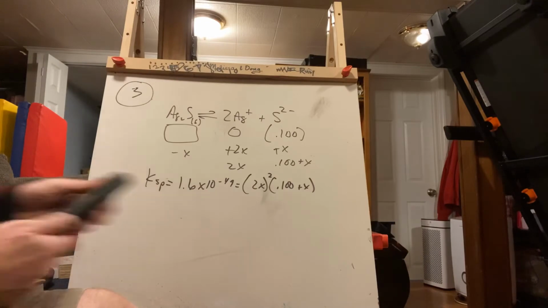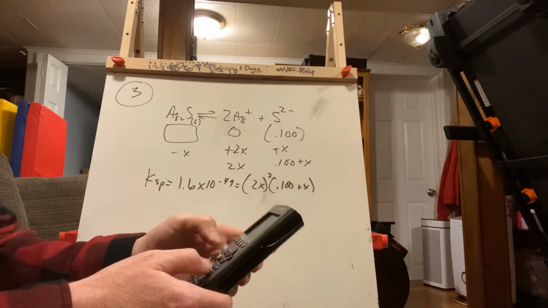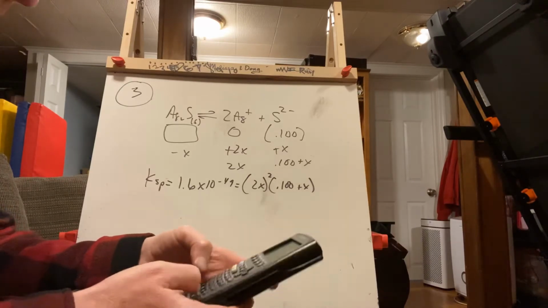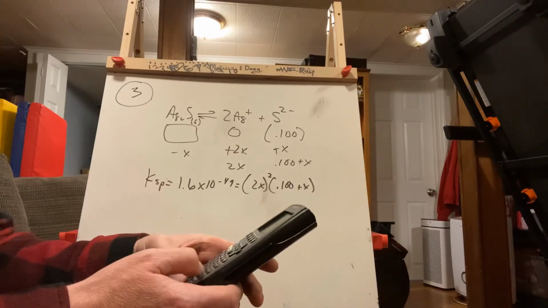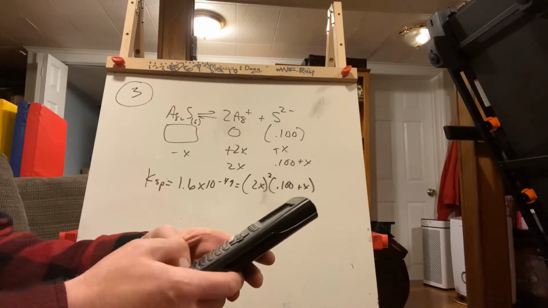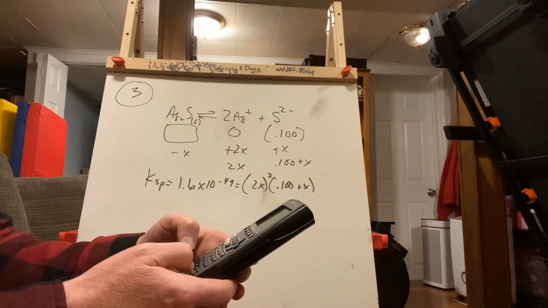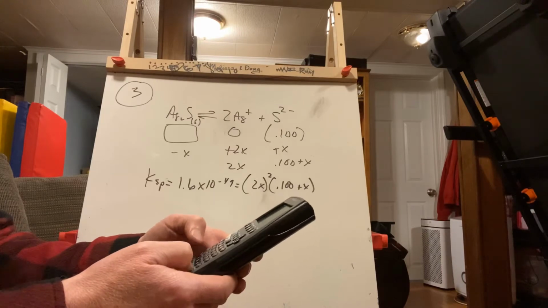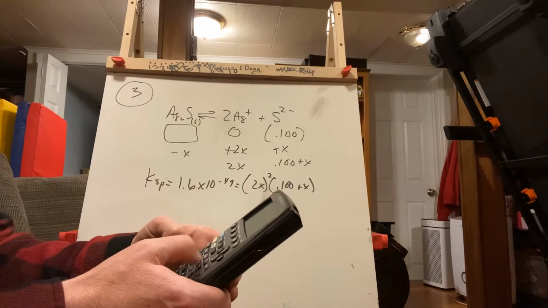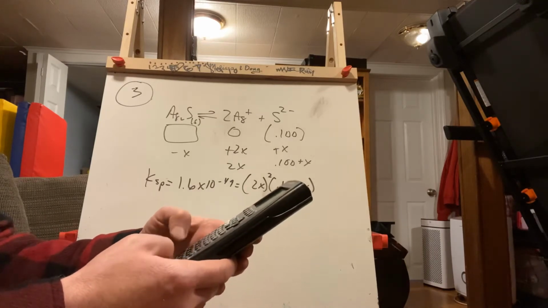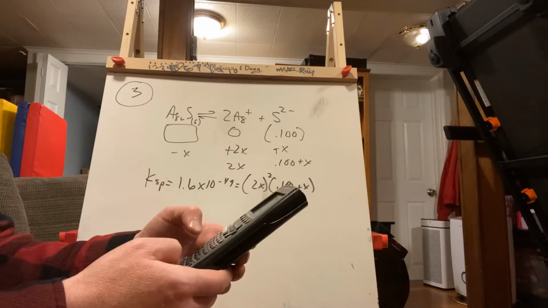Alrighty. So we got F2 solve: 2x squared, and I think I messed that up, plus x equals 1.6 times 10 to the negative 49th, comma x.